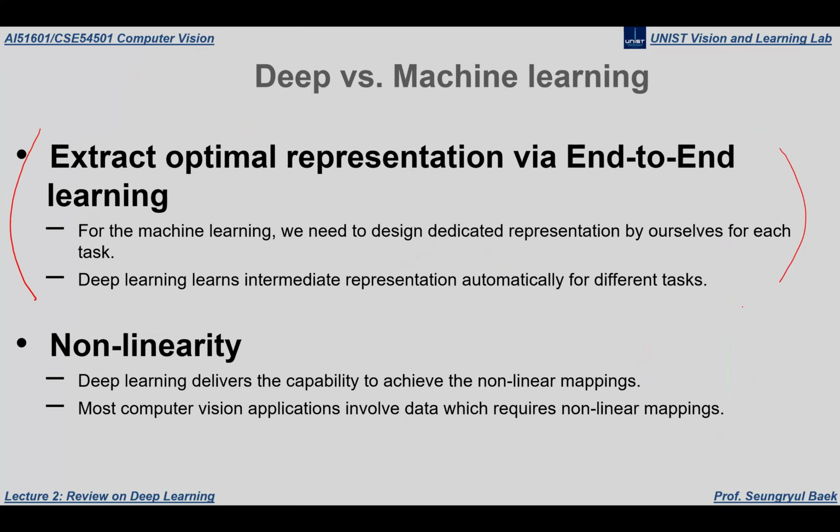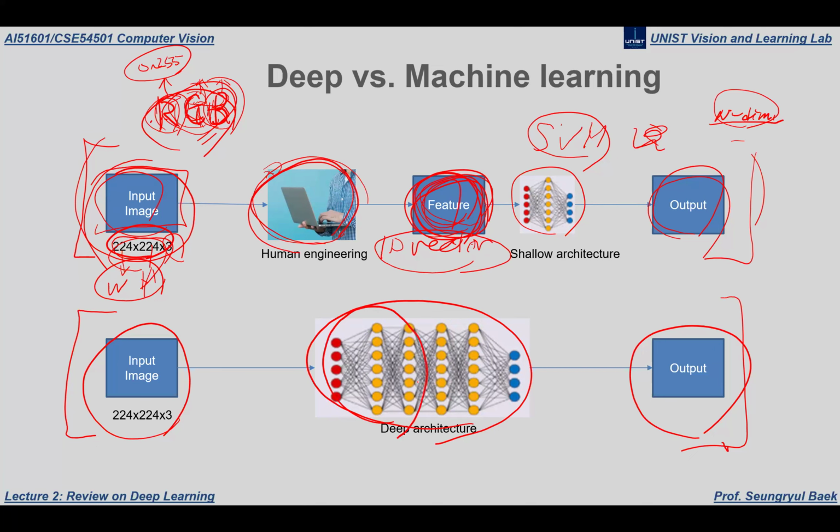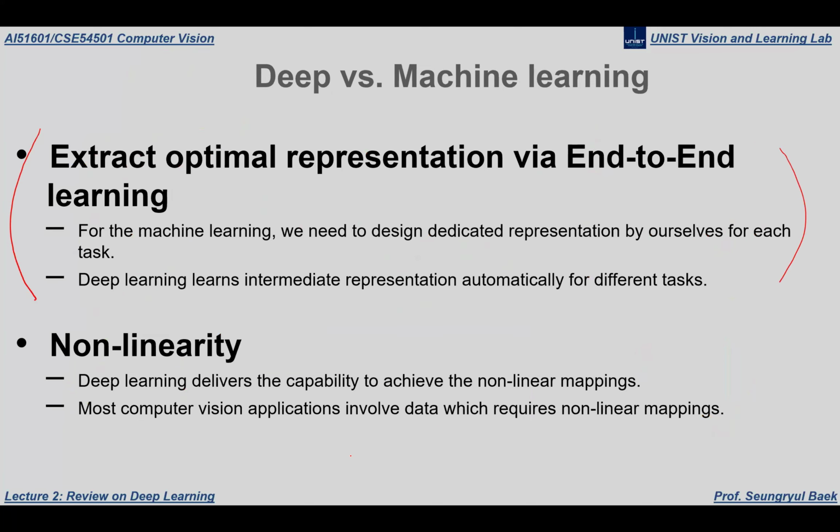The first part of the deep learning architecture automatically learns some intermediate representation for different tasks. For humans, even for facial detection, we can mistakenly omit some important features like facial color.